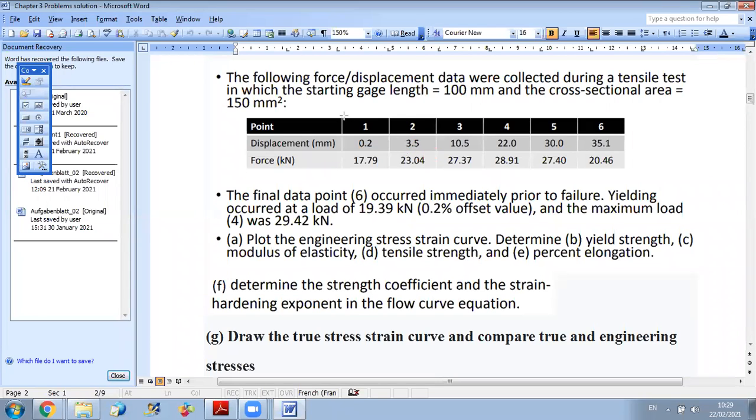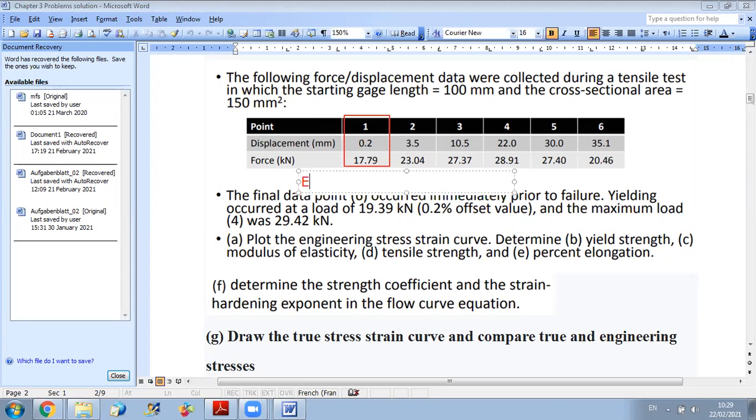And since I know the coordinates of 0.1, and I know that my curve starts from 0, 0, I can also say simply that E is equal to sigma engineering at 0.1 over epsilon engineering at 0.1. So this is an easier way to directly get the modulus of elasticity.